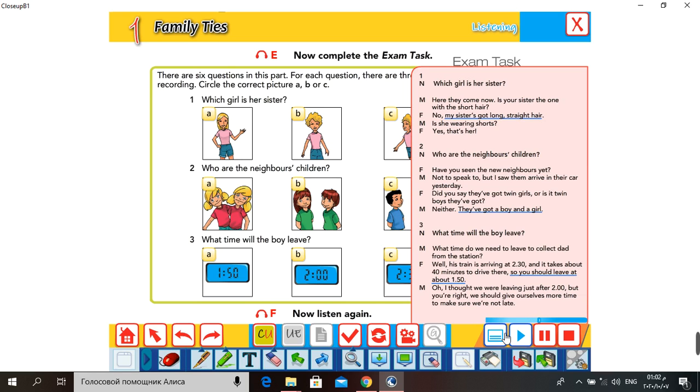Neither. They've got a boy and a girl. 3. What time will the boy leave? What time do we need to leave to collect Dad from the station? Well, his train is arriving at 2:30, and it takes about 40 minutes to drive there, so you should leave at about 1:50. Oh, I thought we were leaving just after 2. But you're right. We should give ourselves more time to make sure we're not late.